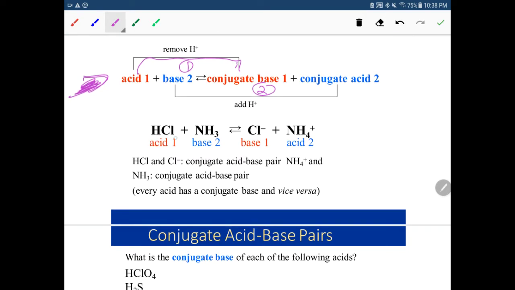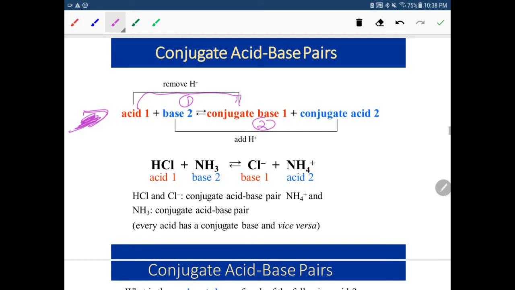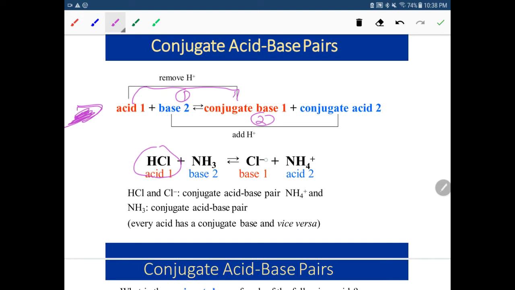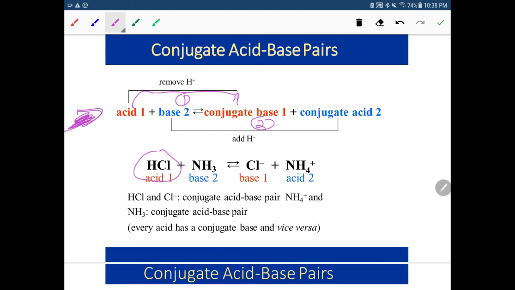So HCl here is the acid, so the species that is formed from HCl will be the conjugate base. HCl is the acid, that makes Cl minus our conjugate base, right? And NH3 is the base that will make an NH4 plus our conjugate acid, right?